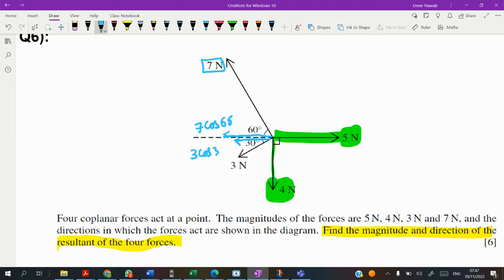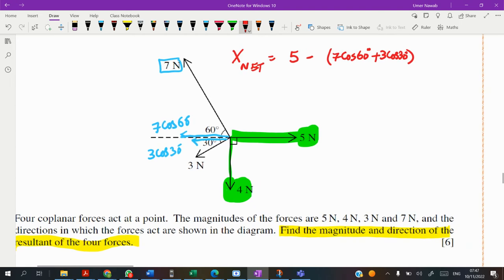cosine of 30 degrees. So x effect or x net, it is 5 minus, bracket open and close, there are two forces acting on the left hand side, so 7 cosine 60 plus 3 cosine of 30 degrees.